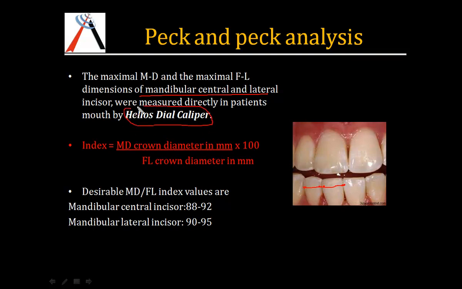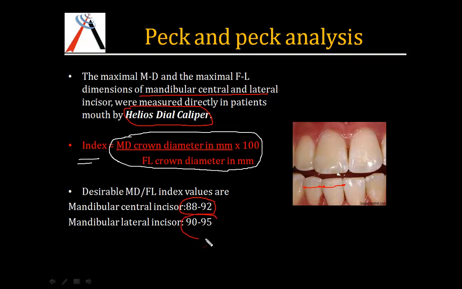We then use these values and insert them in a formula: the mesiodistal crown diameter in mm upon the faciolingual crown diameter in mm into 100 gives us an index. For a mandibular central incisor, the desirable value is between 88 and 92, and for a lateral incisor, the desirable value is between 90 and 95.